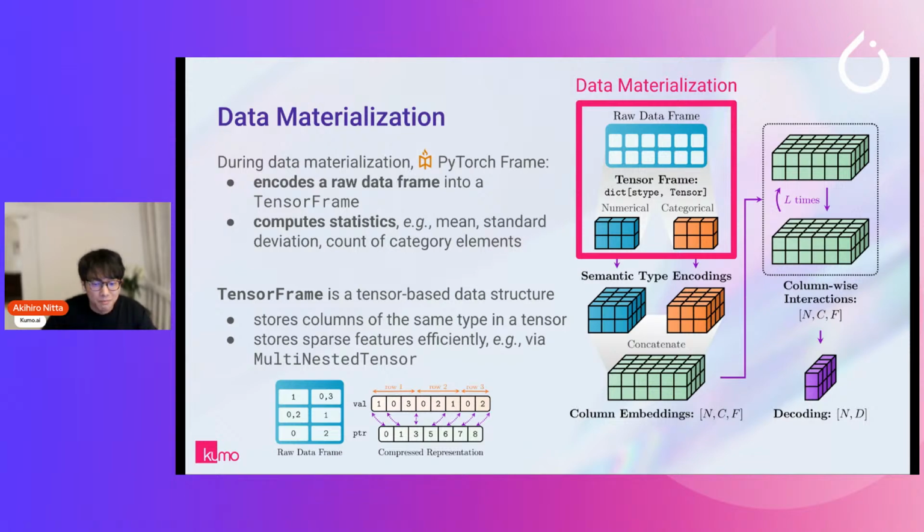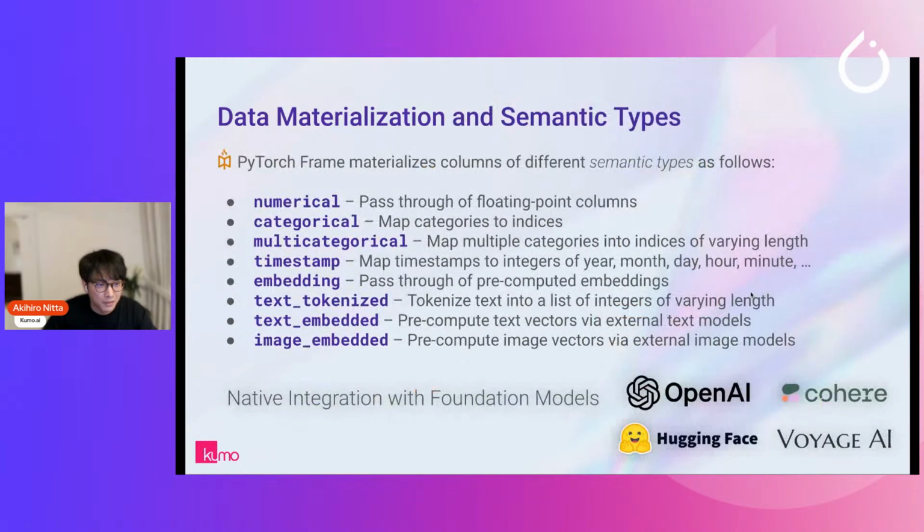PyTorch Frame has conceptual column types, and we call them semantic types. Semantic types could be numerical, categorical, multi-categorical, timestamp, embedding, text, and image columns.